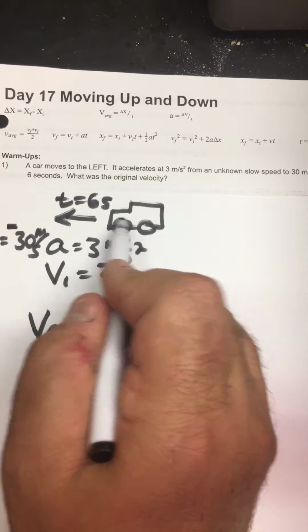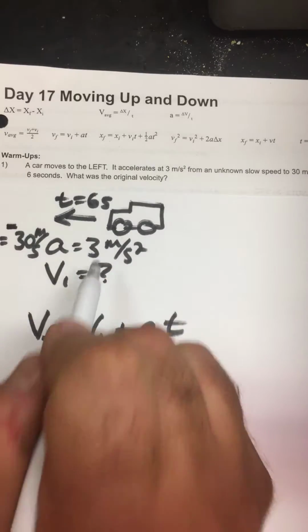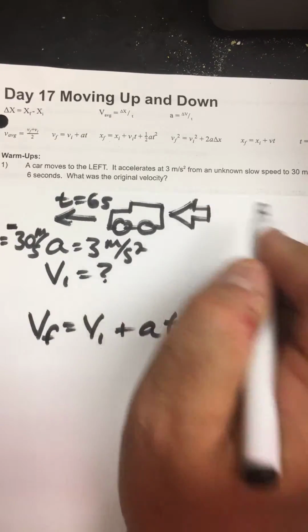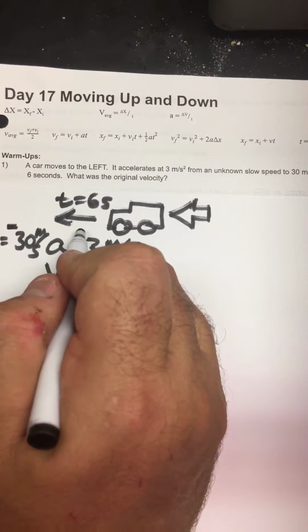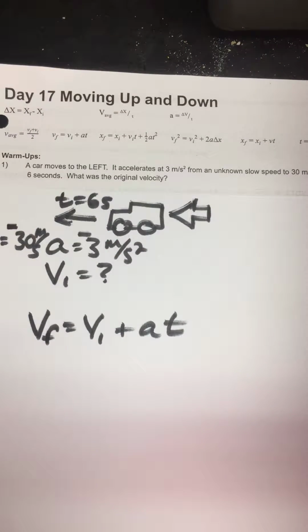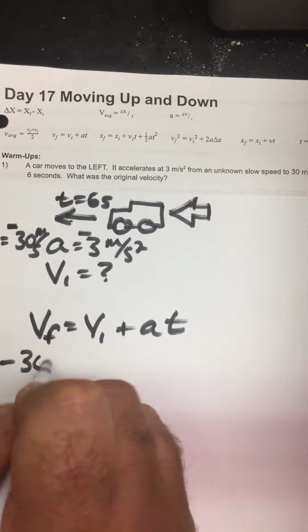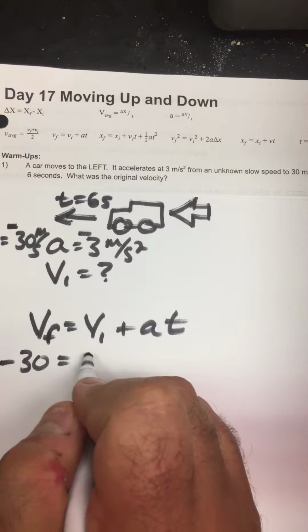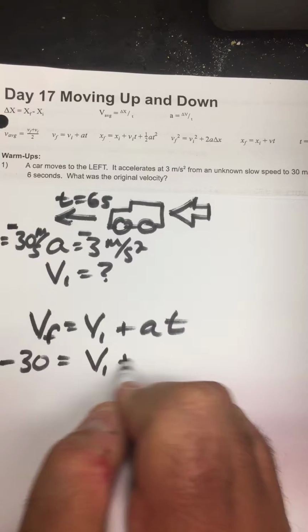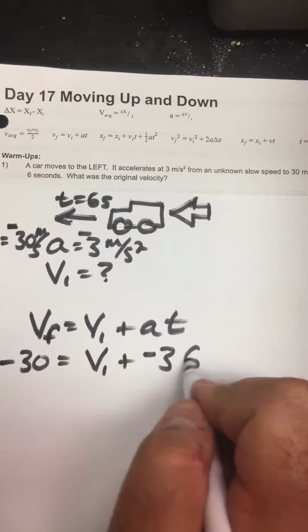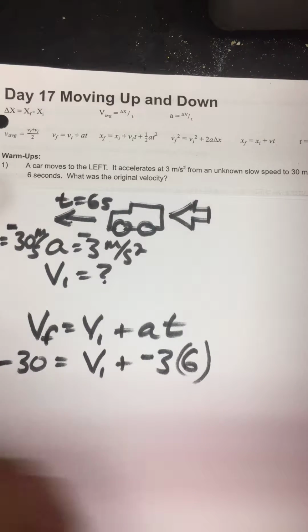And in order for the car to speed up faster and faster in this direction, we're going to have a force pushing in the negative, so that means that the acceleration is also negative. So putting that in, we have negative 30 is equal to the unknown VI plus a negative 3 for the acceleration and 6 for the time.